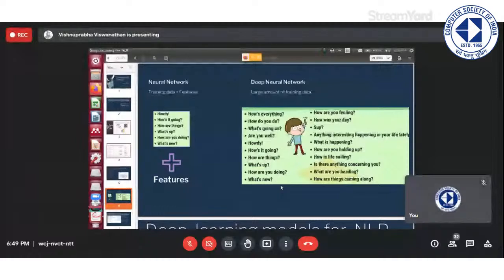If I'm using a neural network for that, then here I have given 6 different ways of asking how are you questions as training data, and along with that I'll be giving some features. That is the input to a neural network. Whereas in case of a deep neural network, I'll be giving only training data, but the amount of training data should be large so that the deep neural network can automatically learn the features from that training data.